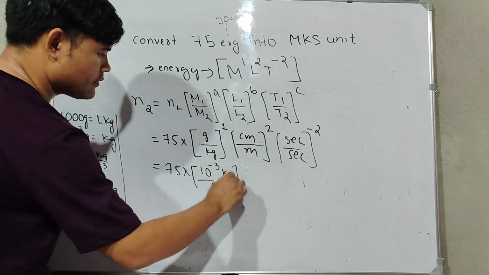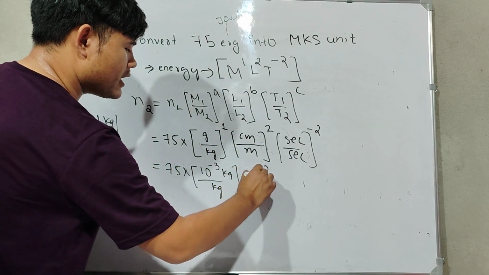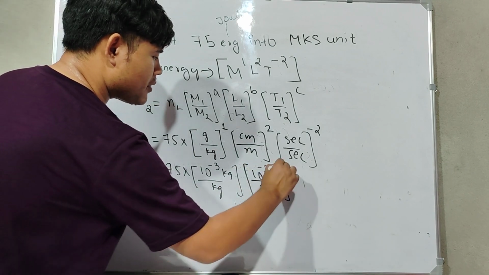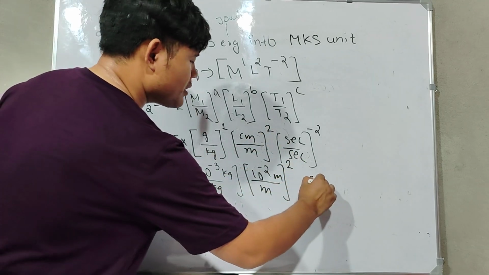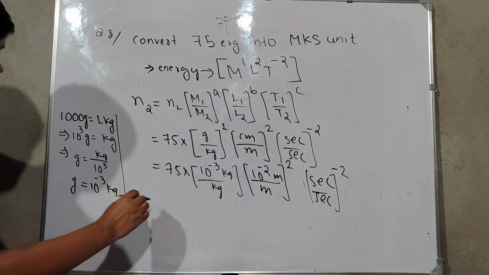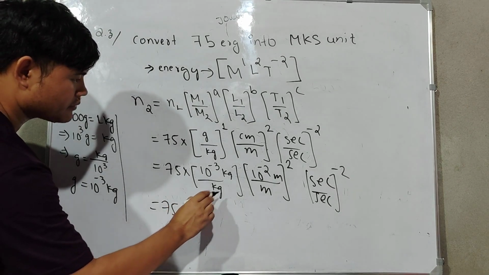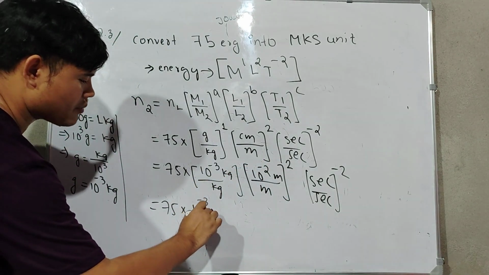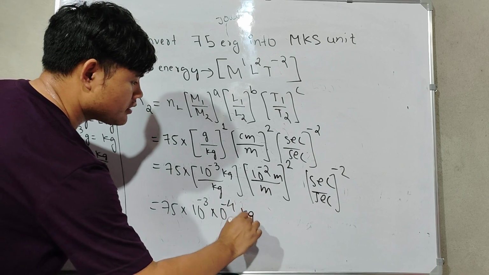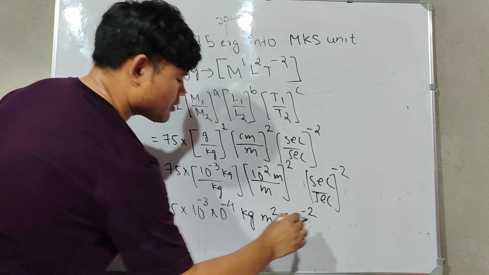So similarly for meter and centimeter, it will be 100, so 100 means 10 to the power -2 meter, and the power is 2. And the second will remain as it is because both are in second only. So what will this be? 75 into 10 to the power -3, into 10 to the power -2 into 2, which is 10 to the power -4, and then I'll get kg meter square per second square.